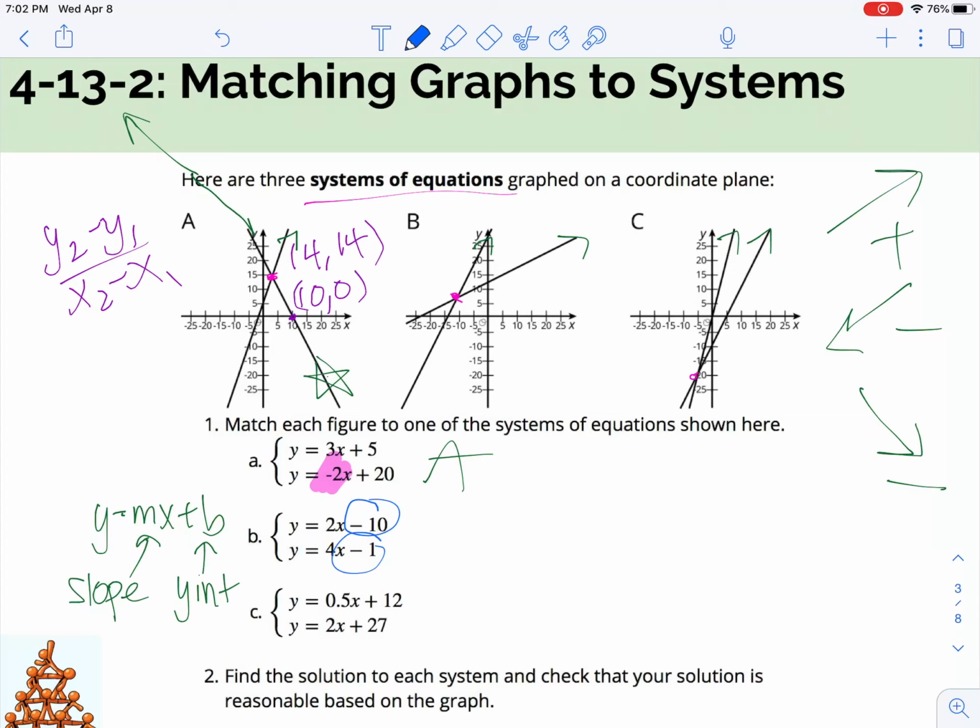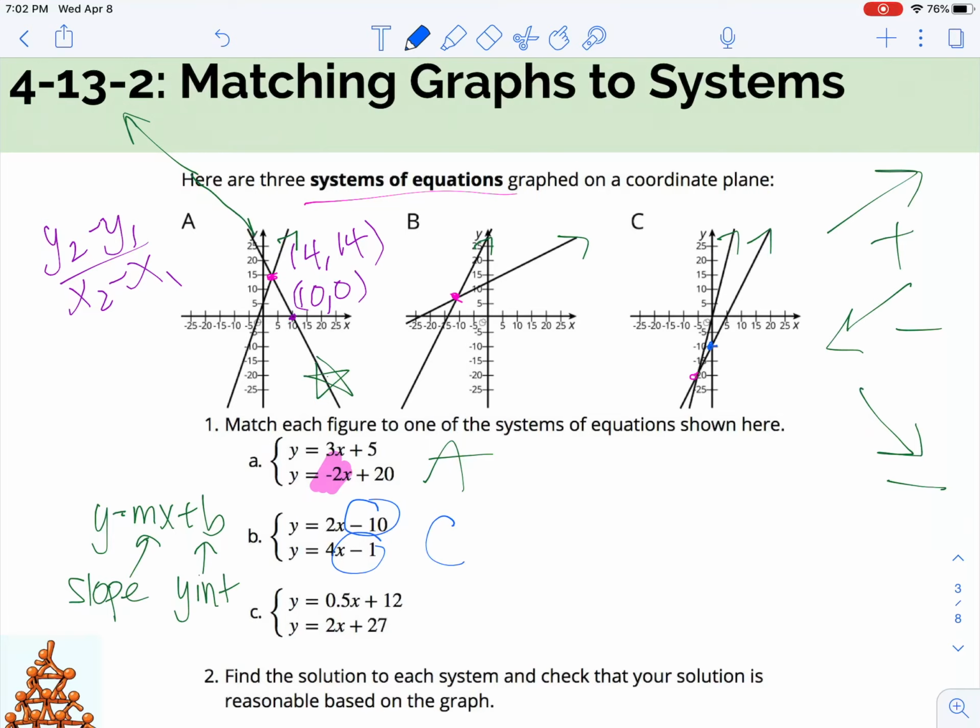Where is there a line that crosses at -10 on the y? I see that graph C looks like it crosses right at -10. So I can write C.